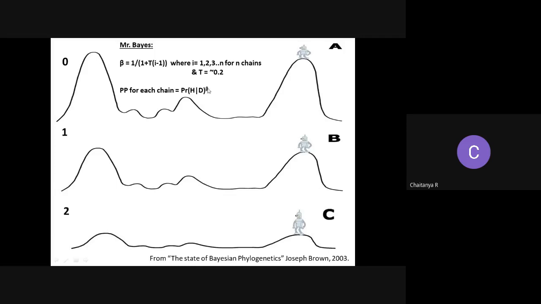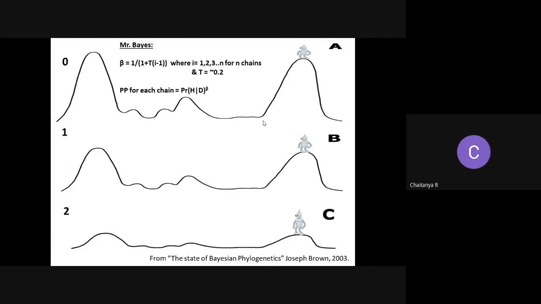The value of beta will change for every chain. For A, it will be a different value, for B it will be different, and for C it will be different. For A, which is chain number 0, beta will be 1. Anything x raised to the power of 1 is x, so chain A will visualize the probability space as it already is. So chain A basically does nothing.